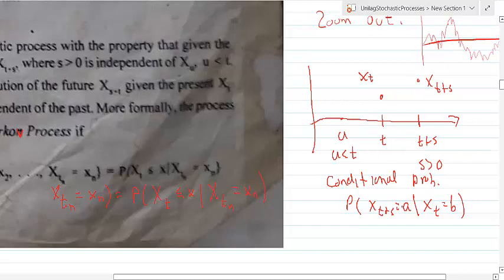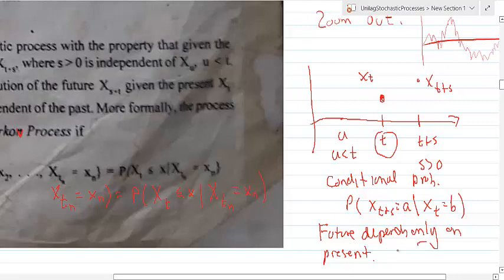The intuition is that this probability does not depend on anything that happens before time t. It only depends on where the process is at time t. I can express this by saying that the future depends only on the present. Now you can say it depends on the past, but only insofar as the past has determined the present.